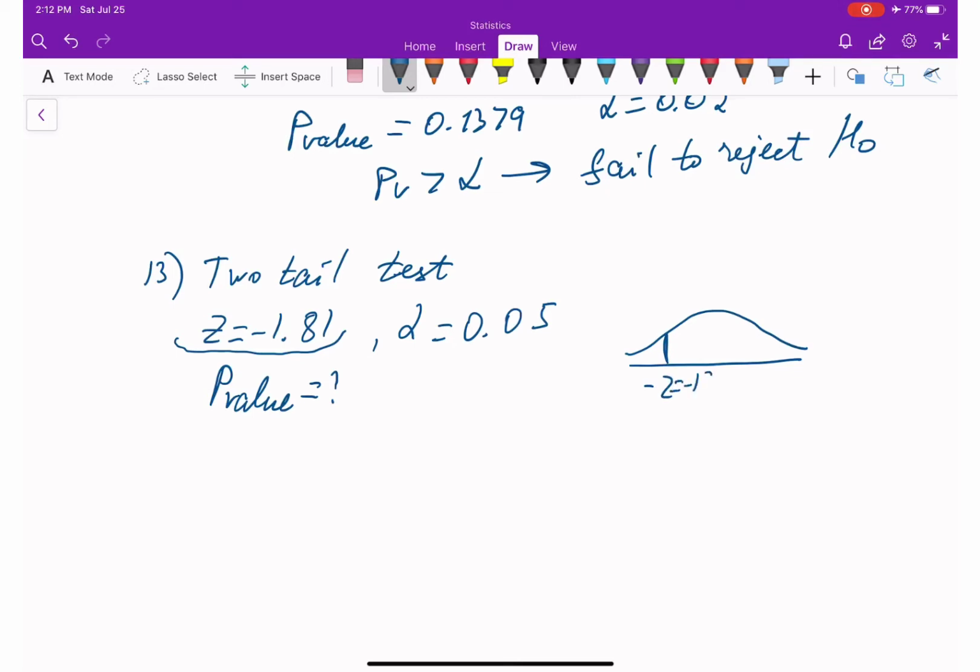Equal to negative 1.81. That means, because these tails are always symmetric, the positive z-score is also going to be 1.81. Yes? So what we are going to do, we need to find the negative z-score that is equal to negative 1.81. Okay? Let's find it.